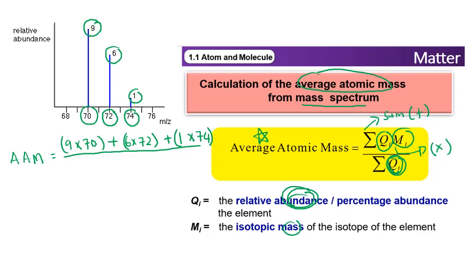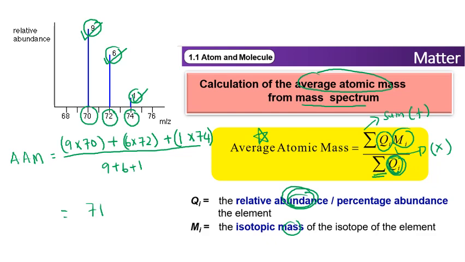In this case, 9, 6, and 1 are the abundances, so we total up 9 plus 6 plus 1. When you press the calculator, you will get the answer 71.